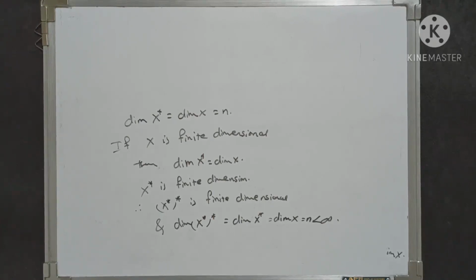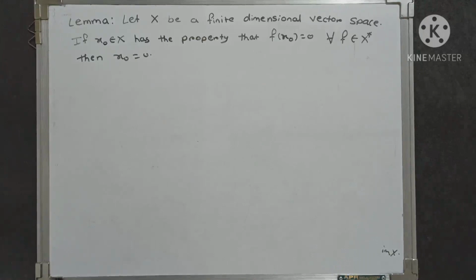Now after this theorem, we see the lemma about the zero vector. The statement of the lemma is: let capital X be a finite dimensional vector space. If x naught belongs to capital X has the property that for every f belongs to X star, its image f of x naught equals 0, then x naught equals 0.